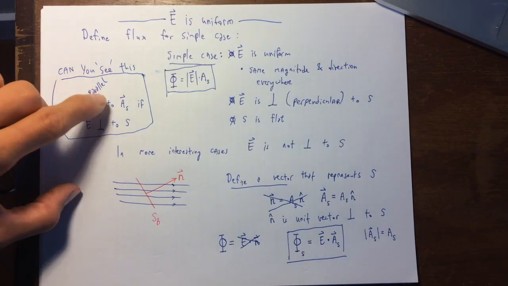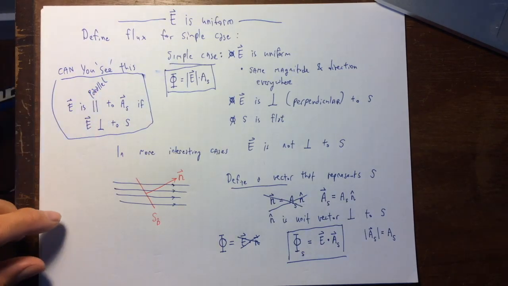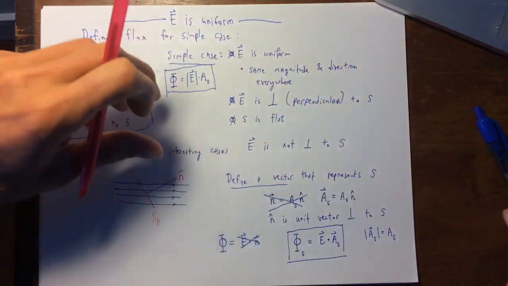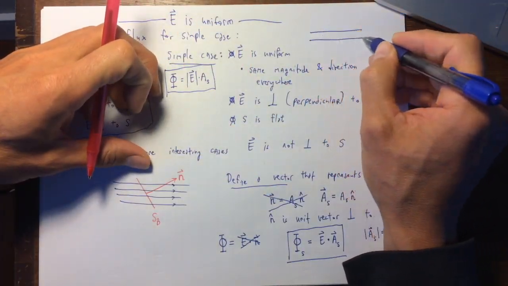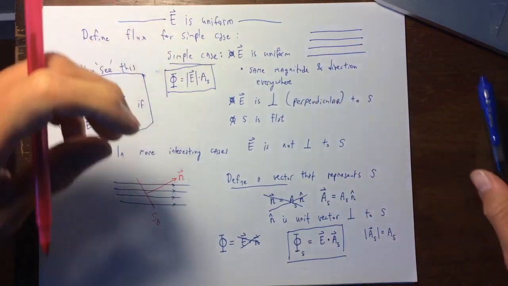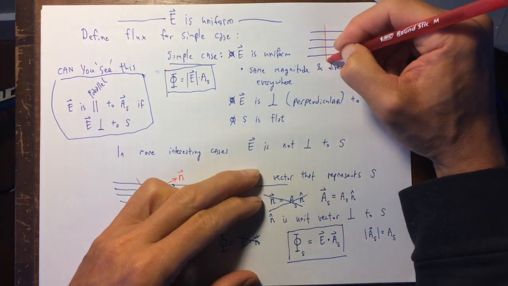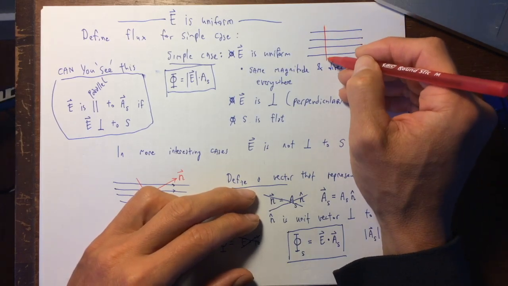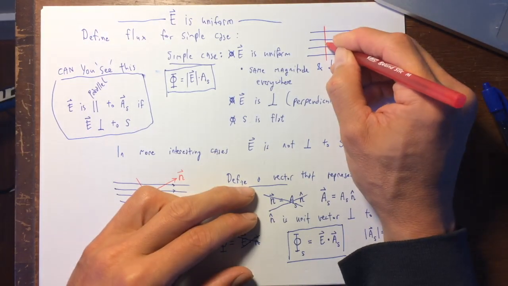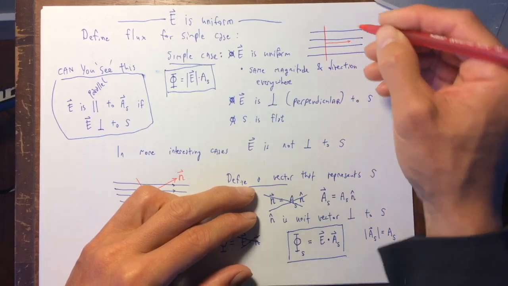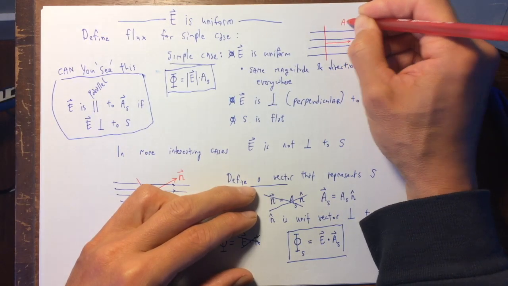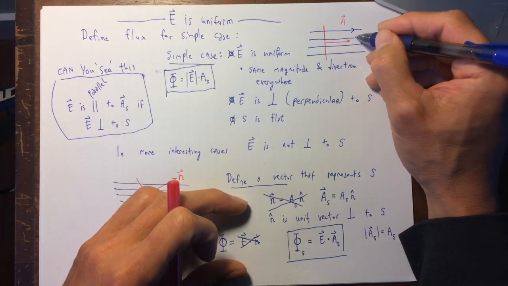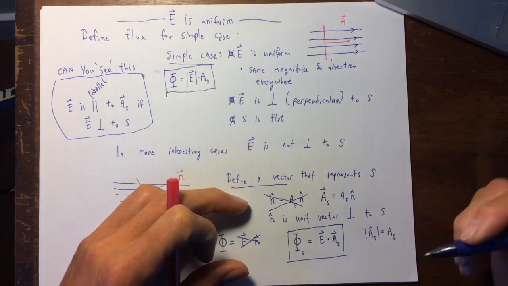So E is parallel to A sub S in this first case. So here is the field. Here is the surface S, which is perpendicular to the field. But when the surface is perpendicular to the field, it has a vector called A. A is parallel to E, right?